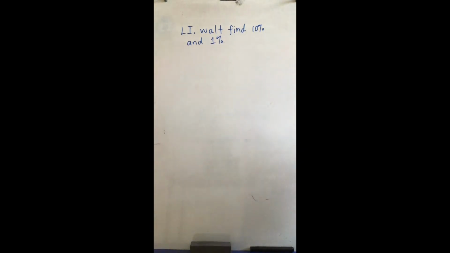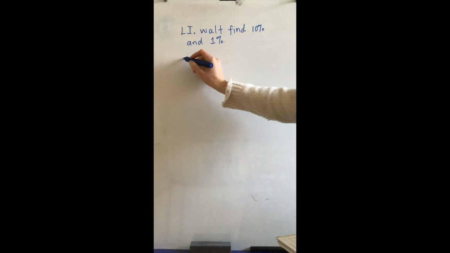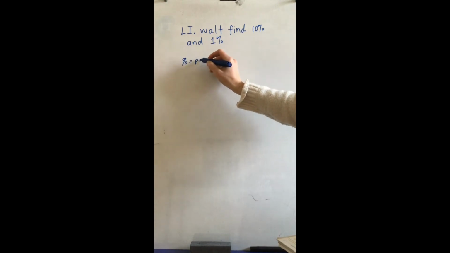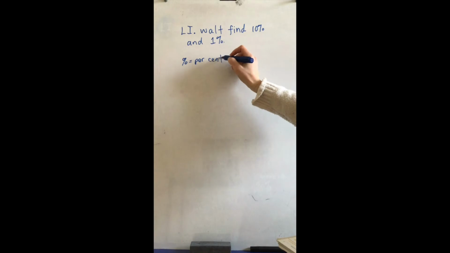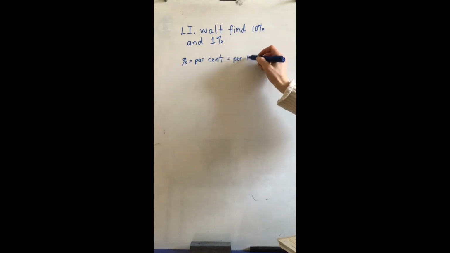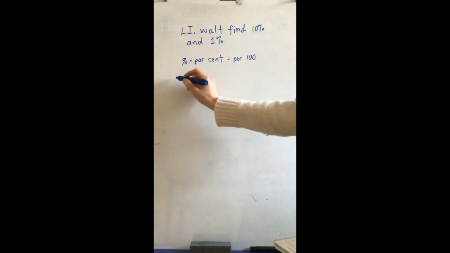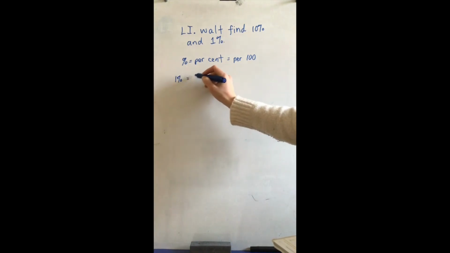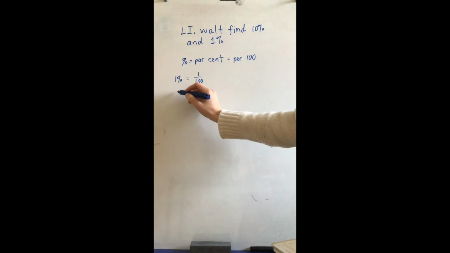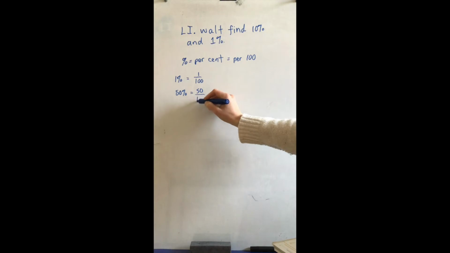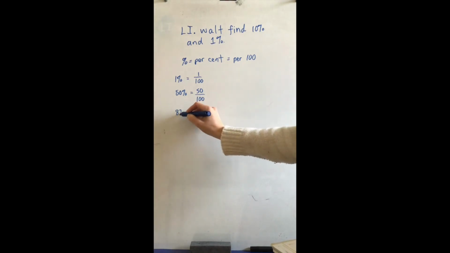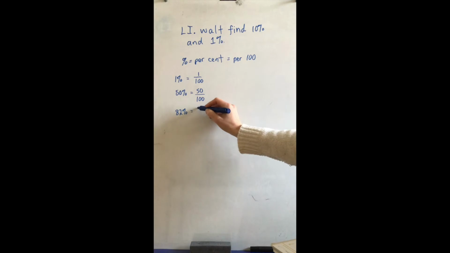Okay, today we're going to be looking at finding 10% or 1% of a number. So yesterday we were talking about how percent is equal to per 100. If we were talking about 1%, that would be equal to 1 over 100, or 50% would be equal to 50 over 100, or 82% would of course be equal to 82 over 100.